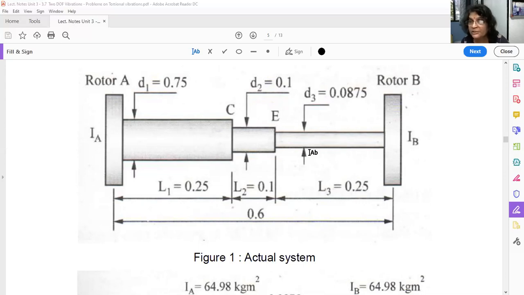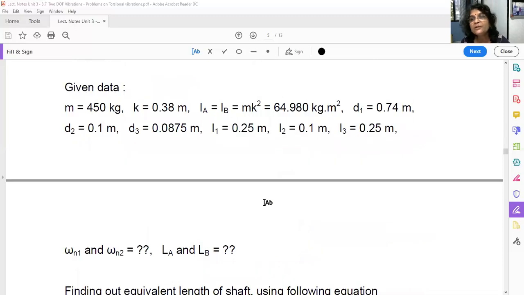This is how we found out where the node point lies in the actual system. If you don't get it in L1, because if we had got an answer less than 0.25, then it would have been correct and it would have fallen in this region. So like this, you have to do the trial and error method just to determine the node point distance.